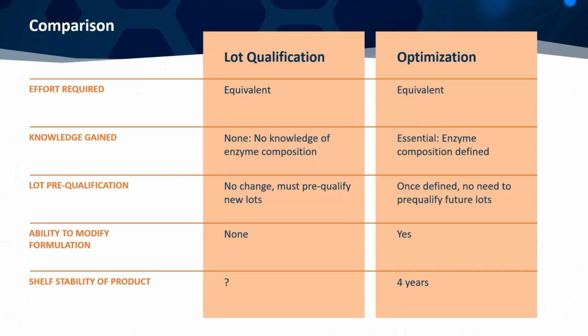You don't get around pre-qualifying lots in the traditional method, but once you define an optimal formulation, you don't have to pre-qualify new lots. It's obvious you can modify the formulations with purified enzymes.